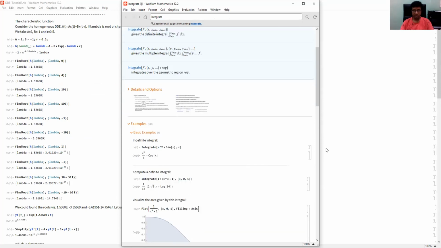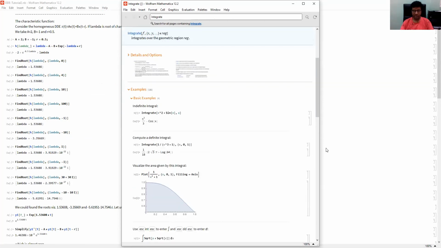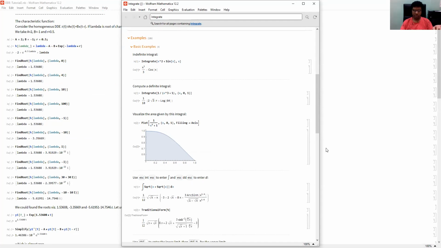Here is one example: Integrate x square plus sin x. If we write simply x, it is an indefinite integral. Instead we may write like this: Integrate 1 upon x cube plus 3, then a list x comma 0 comma 1. That means we are integrating from 0 to 1.